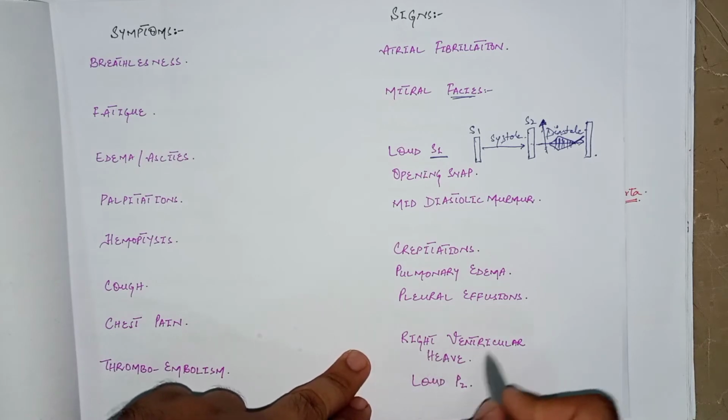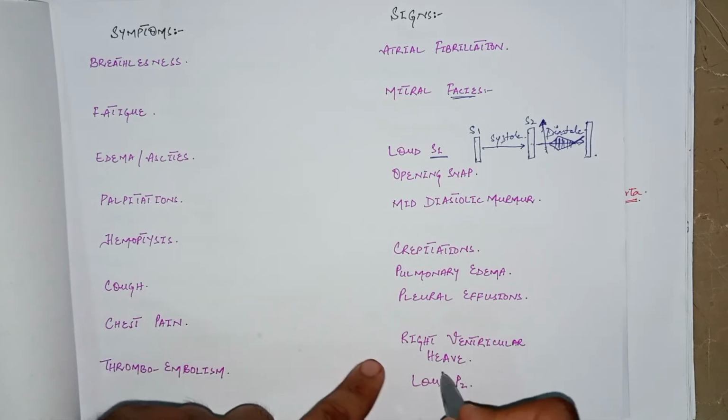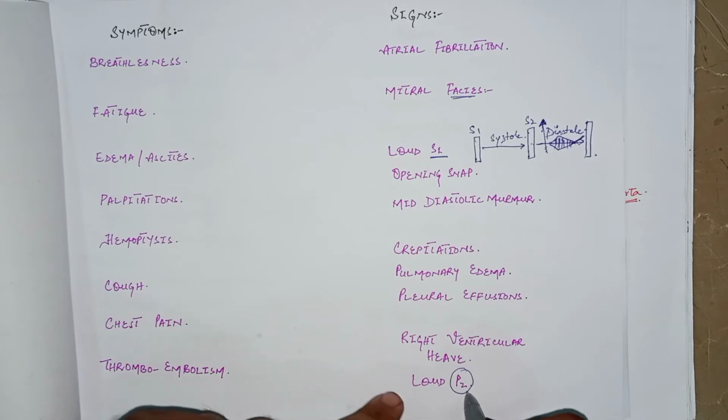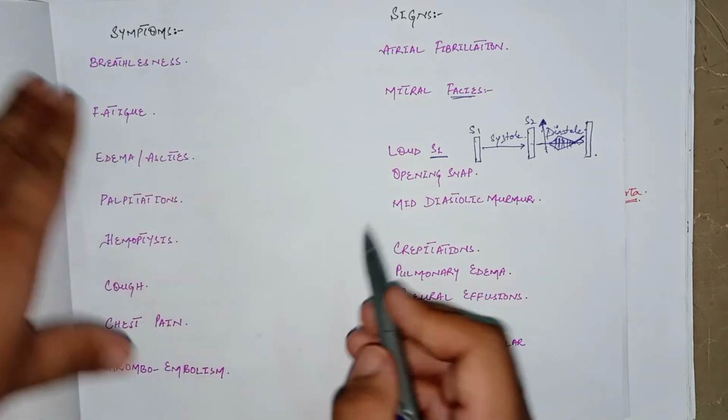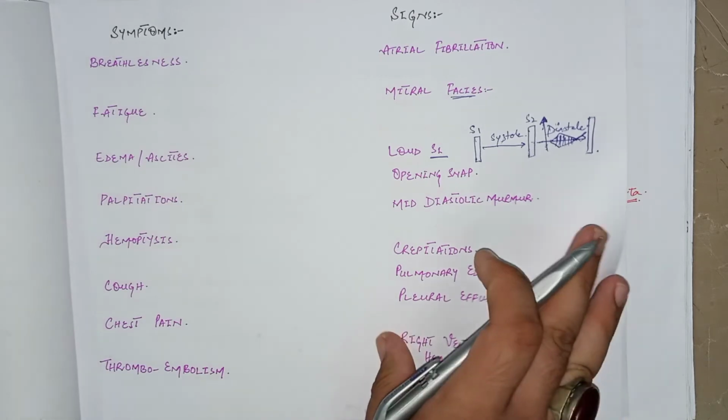And a right ventricular heave can be appreciated. This right ventricular heave is because of pulmonary hypertension and loud P2. This P2 is basically a component of S2. Because of pulmonary hypertension, there is a loud P2. So these are all the signs and symptoms of mitral stenosis.